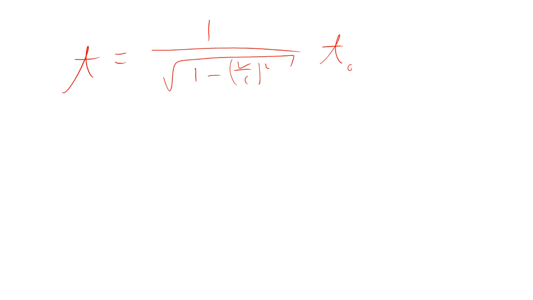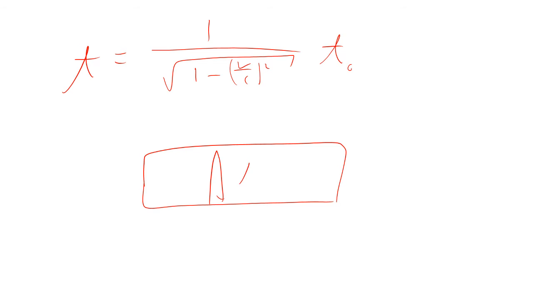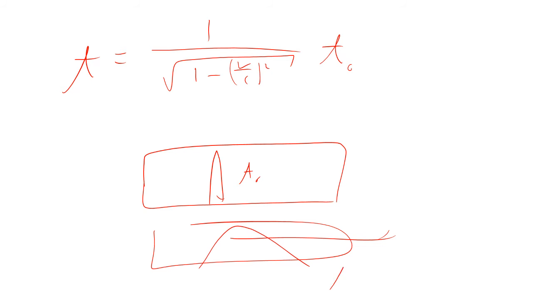Now, T naught is the time that someone measured in a stationary setting. T is what the observer measures if the whole thing is moving. So if this is stationary and light goes up and down, you measure T naught. If it's moving, the time it takes is T.